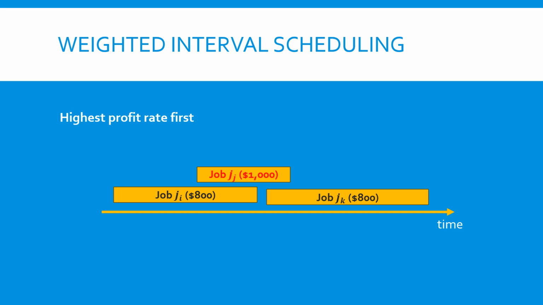Job Jj will be selected because it has the highest profit rate, given its highest profit and shortest execution time. Scheduling Jj will result in a total profit of $1,000, which misses the actual maximum profit of $1,600 that is achieved when scheduling both Ji and Jk.